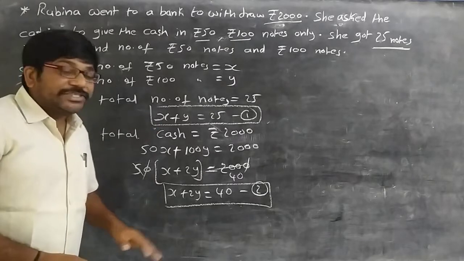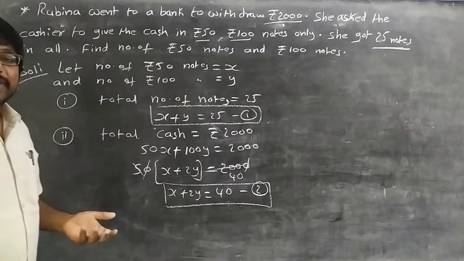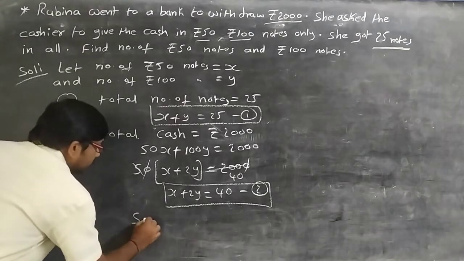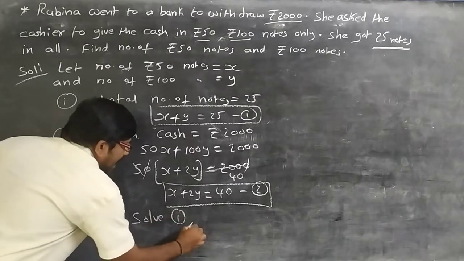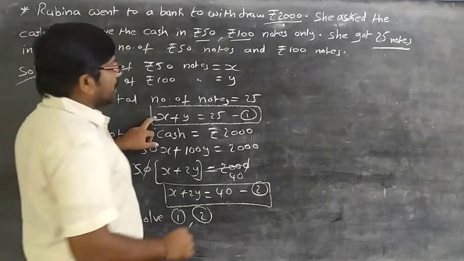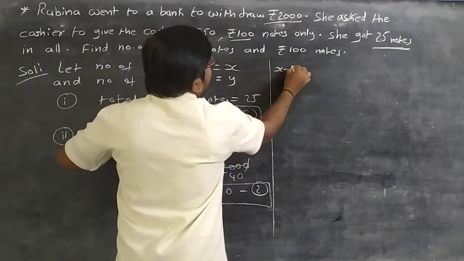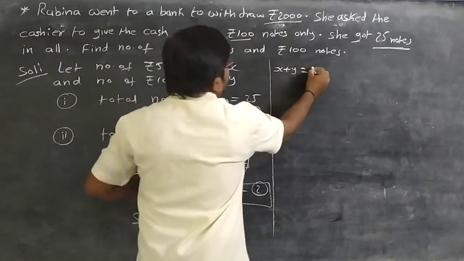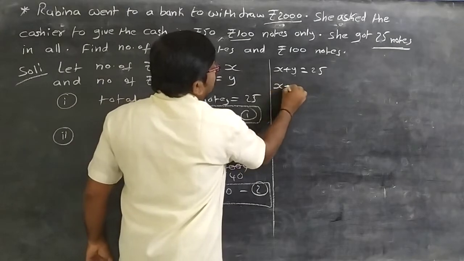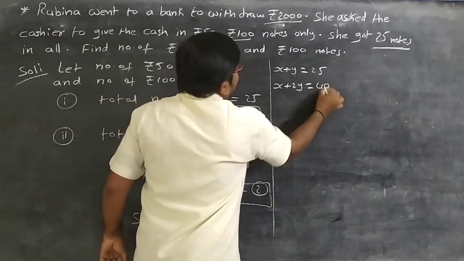So by solving these two equations, we get the x value and y value by using the elimination method or substitution method, right? Now solve equations 1 and 2. Write one by one. x plus y is equal to 25, and next x plus 2y is equal to 40, right?